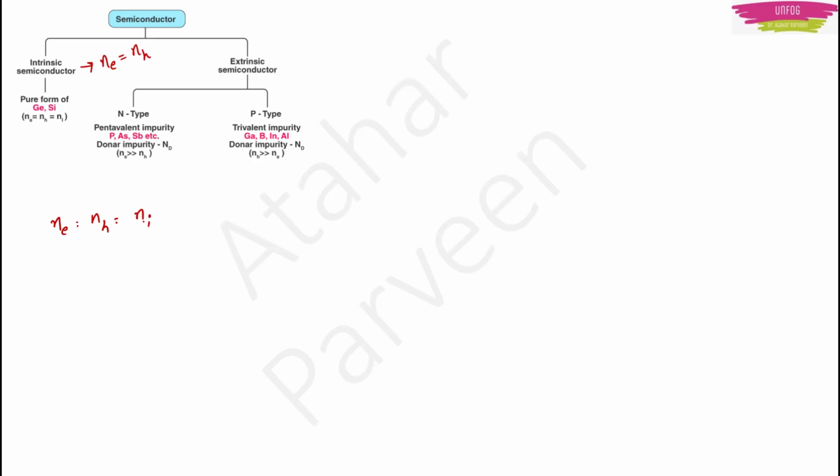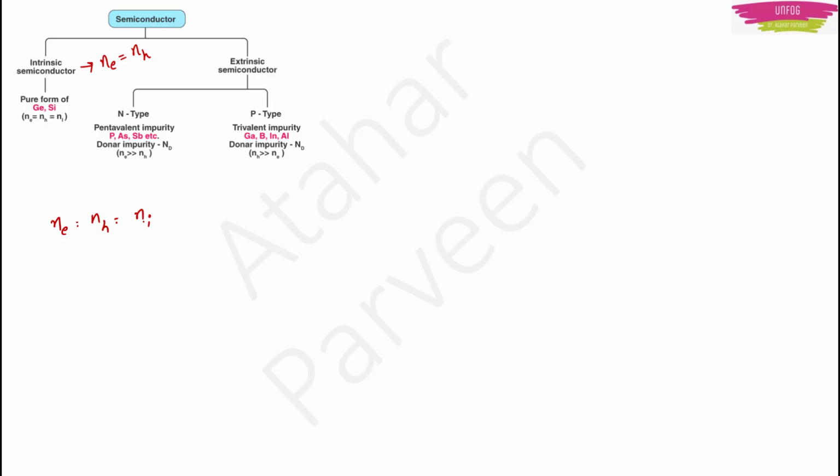Now at room temperature, electrical conductivity will be very low in an intrinsic semiconductor. So we cannot use this intrinsic semiconductor in our electronic devices, because at room temperature conductivity is very low, right? It cannot work as it should. So what do we do? We need to improve their conductivity.